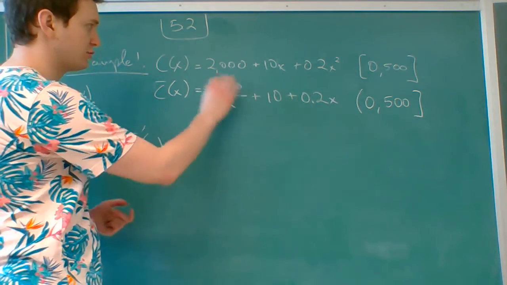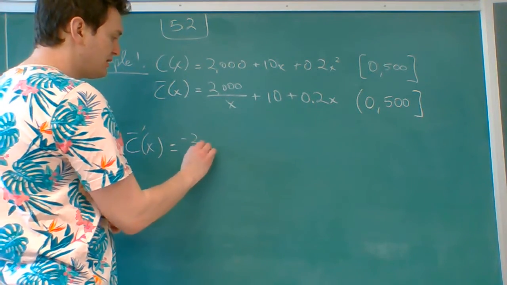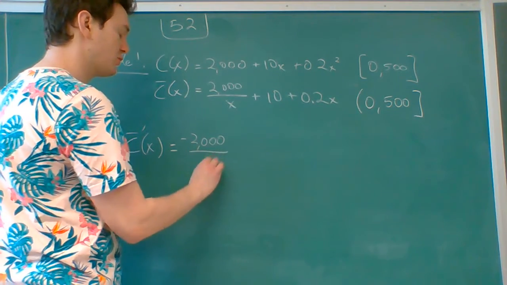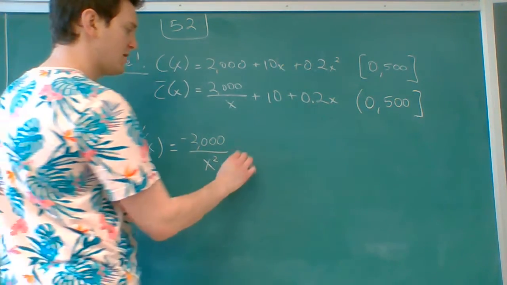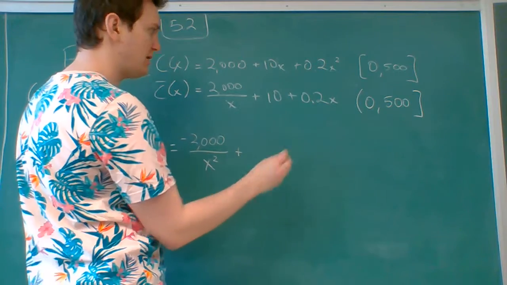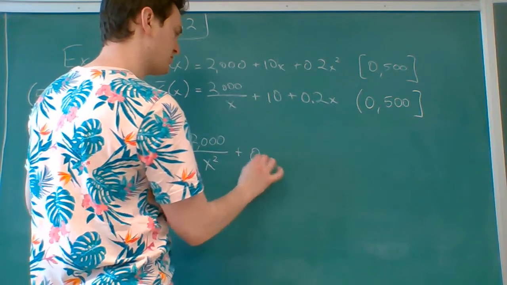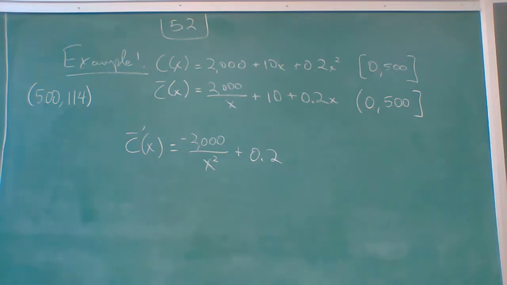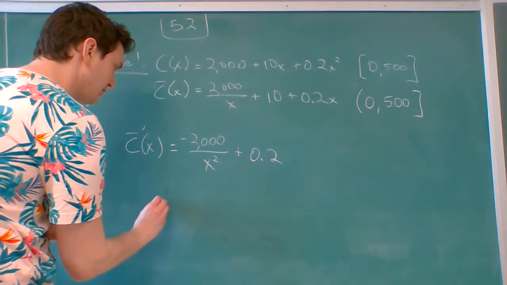Okay, derivative of this is going to be negative 2000 over x squared, that's by the power rule. Then plus 10 goes away, and then 0.2x just turns into 0.2. Cool. Okay, now set this equal to 0.